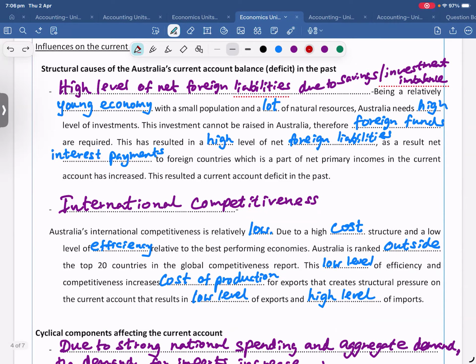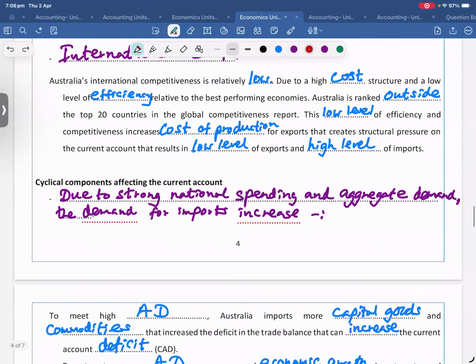Then the other thing is cyclical components. What are the cyclical components? Cyclical components are the reasons affecting changes in the economic cycle, the business cycle. That is affected mainly by the spending level, aggregate demand.